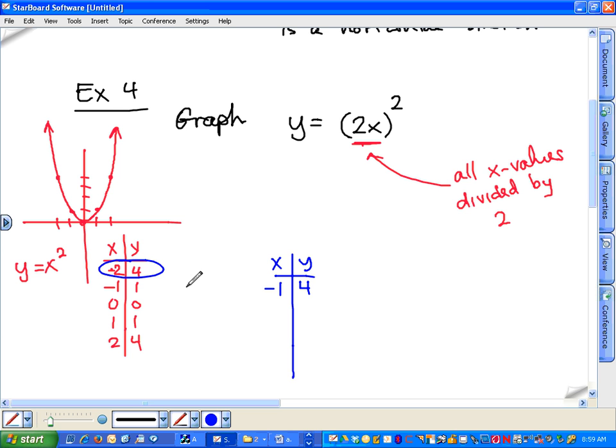What does this point become? Negative 0.5, comma 1. The vertex stays 0, 0. This point here becomes 0.5, comma 1, and the last point becomes 1, comma 4.